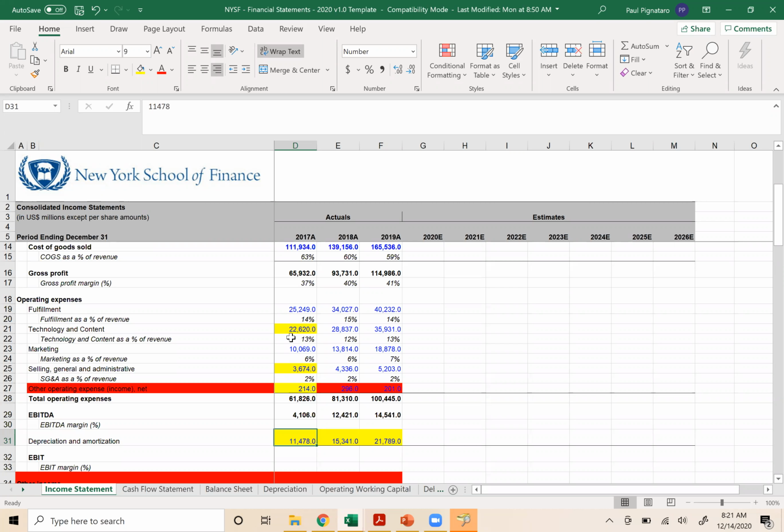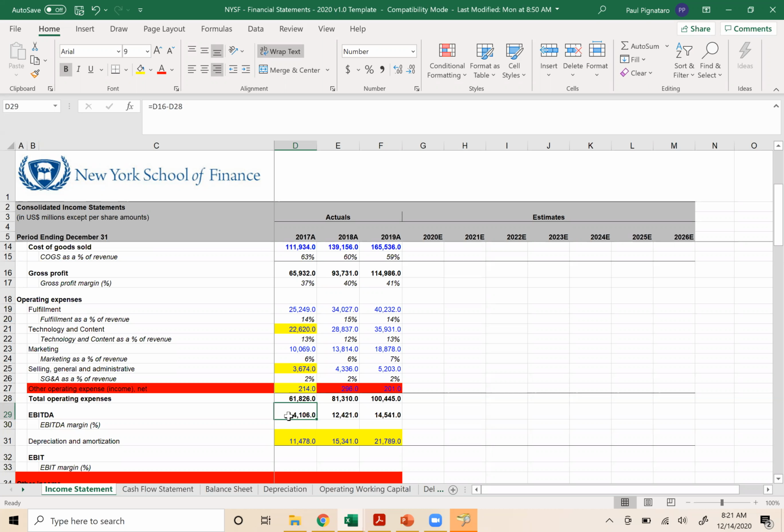I rarely see that done because the point of depreciation is as long as it's removed from total operating expenses as a whole, you are achieving your goal of creating proper EBITDA. All you want is EBITDA. So you can have it 100% out of technology and content, and you've removed it from total OpEx. You can have it 90% here, 80% here, 10% here. It's not going to change your EBITDA number.